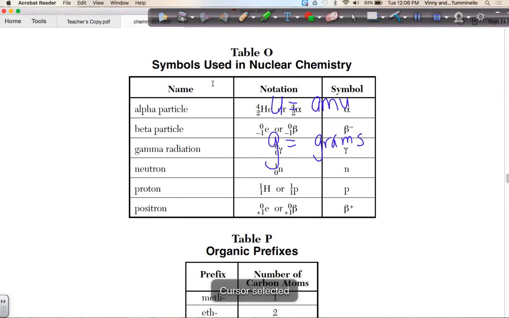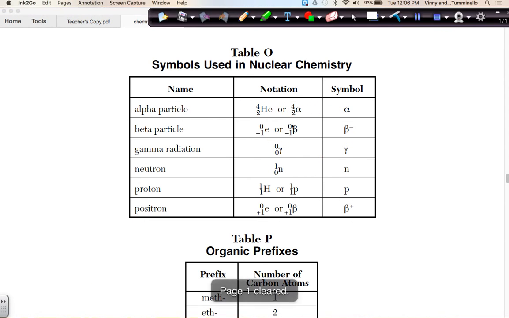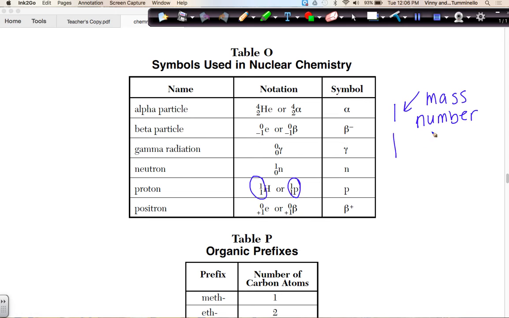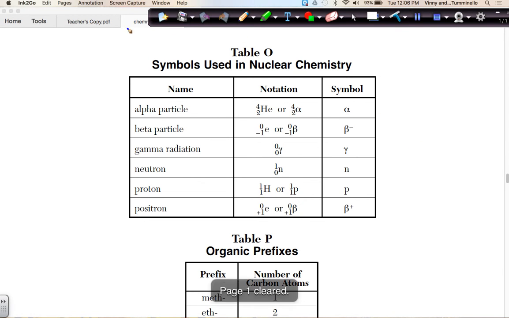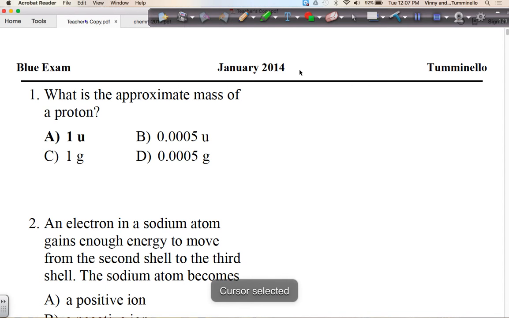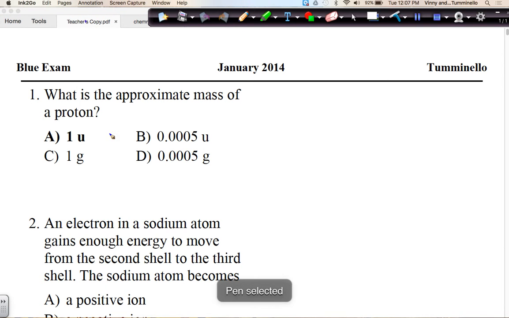Now, if we look at Table O, we can see that a proton has the symbol 1 over 1 H or 1 over 1 P, and that top number is what is called the mass number, which gives us the approximate mass in atomic mass units. So that means the approximate mass of a proton is going to be 1 U, or 1 atomic mass unit.